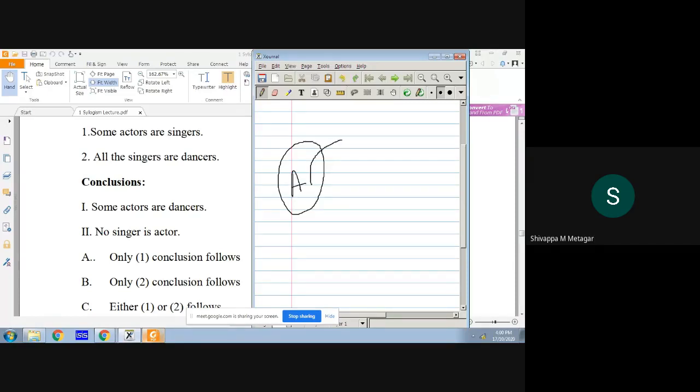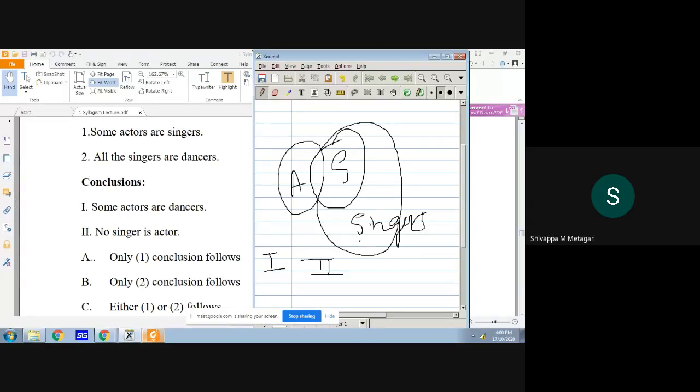Some actors are singers, and all the singers are dancers. Here you have to go with all the singers. Statement 1, statement 2.